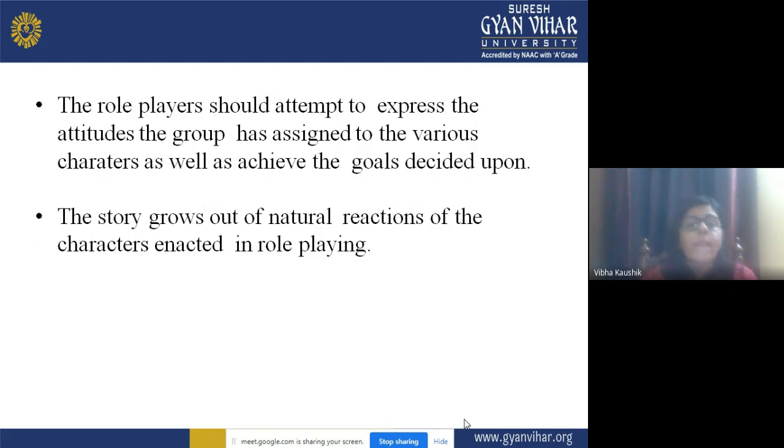The story grows out of the natural reactions of the characters enacted in the role play, by those who are enacting the characters.